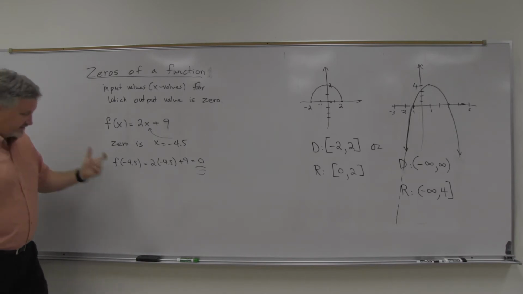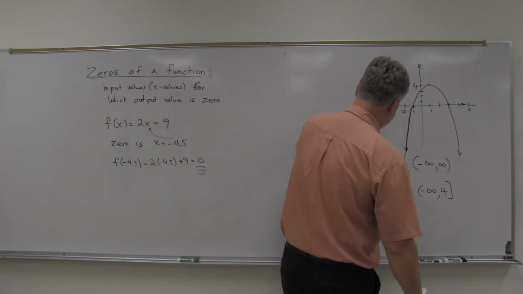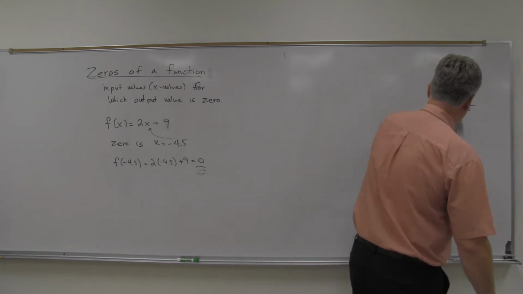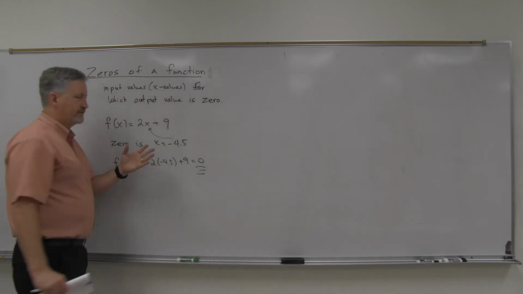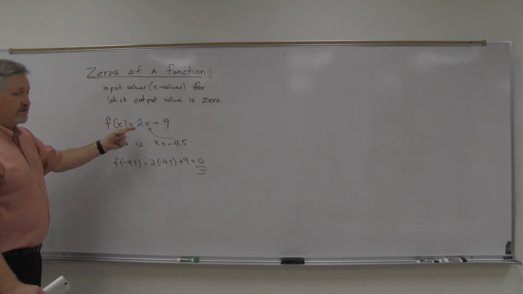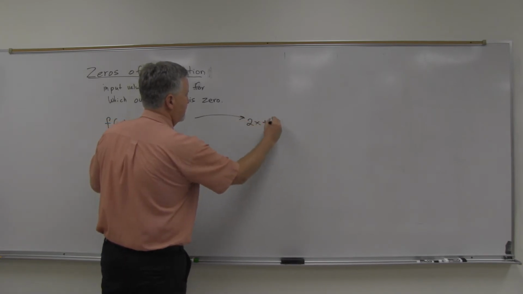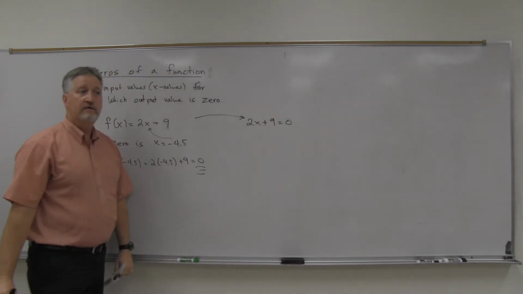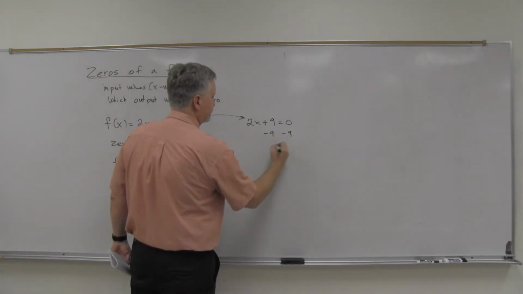Now, in practice, how do we find those? Well, we use what a 0 is to our advantage, because the way we could find this, I gave this one to us here, but could we say 2x plus 9, set that equal to 0? And guess what? If you solve that, you get negative 4.5, don't you?